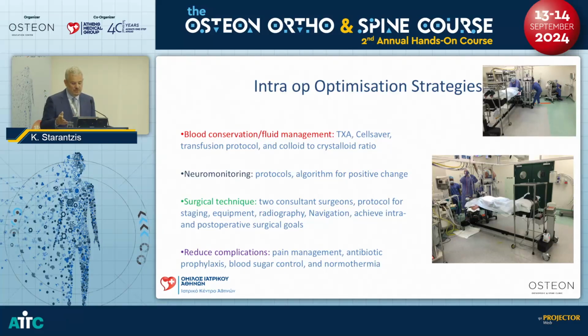There is a transfusion protocol post-op, so we don't need to discuss it all the time. Another important thing is to communicate effectively with your neuromonitoring. Be sure they know what we do as a team, and develop a protocol in case of a change.